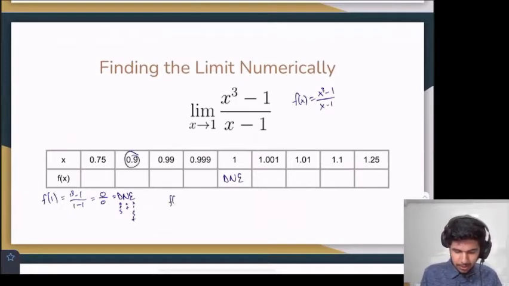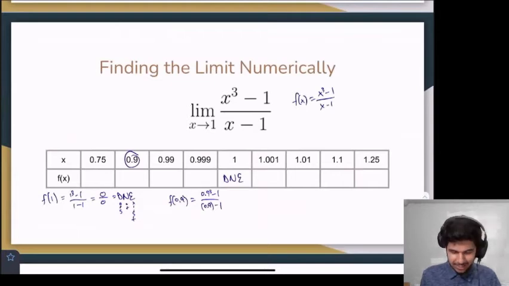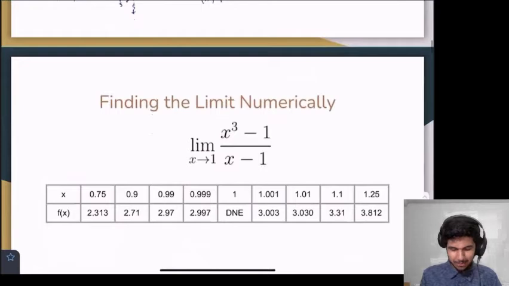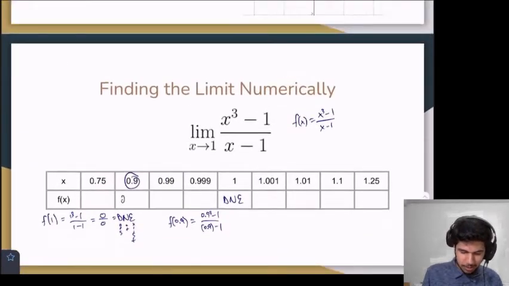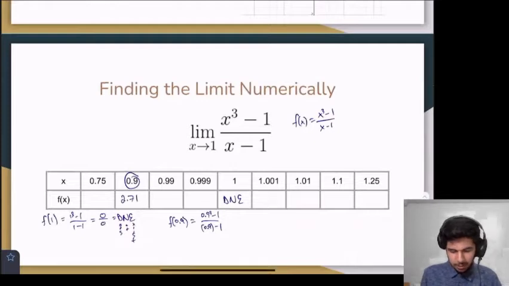So, f of 0.9 equals 0.9 cubed minus 1 over 0.9 minus 1. I'm not exactly sure what that value is, but the filled-in chart is below, and we can see that it's 2.71, right? So we put 2.71 here, and then we can do 0.999, same thing, f of 0.999.